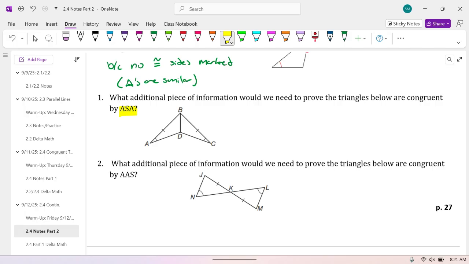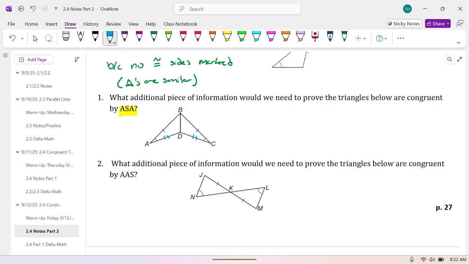So we need A to D, and we also need C to D. So I need to show that AD and CD are congruent.